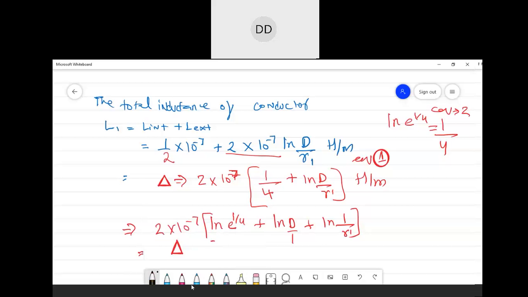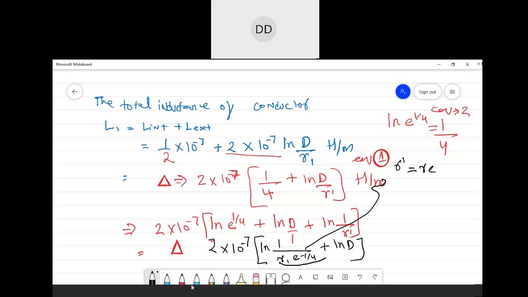By now, most of you might have done it also. I'll get this in terms of ln of d over r1 e power minus 1 by 4. This term, r1 e power minus 1 by 4, is called r dash, which is equal to r e power minus 1 by 4, which is 0.778 r.